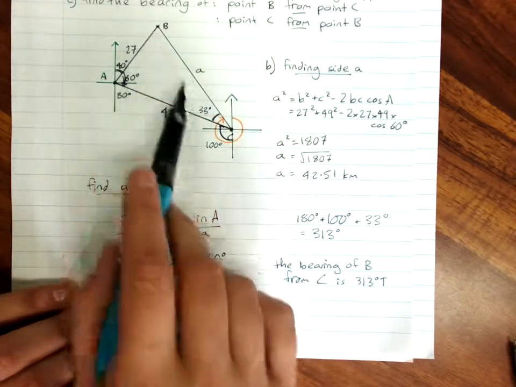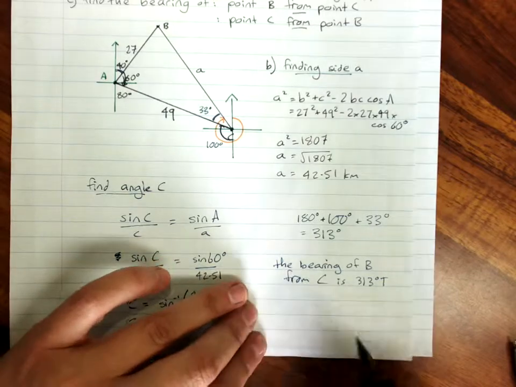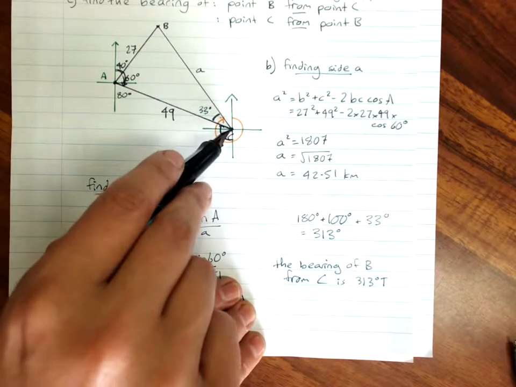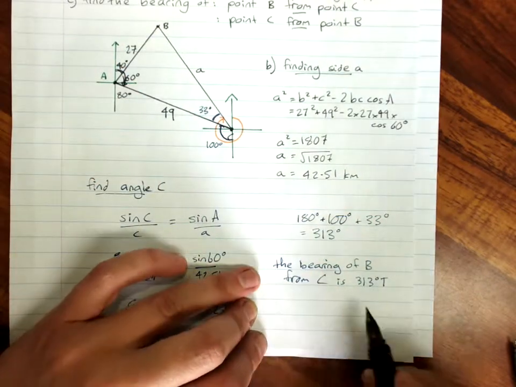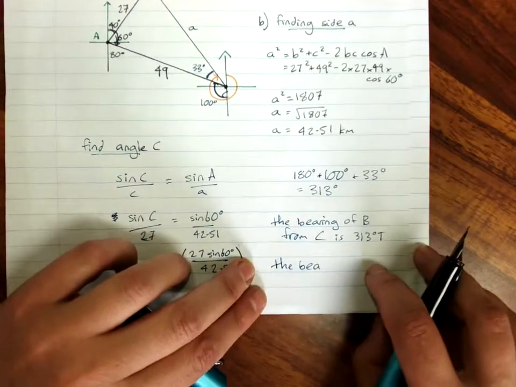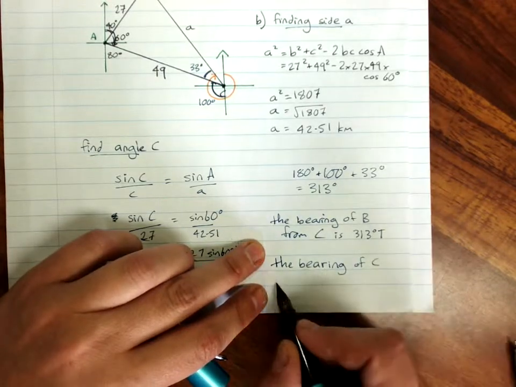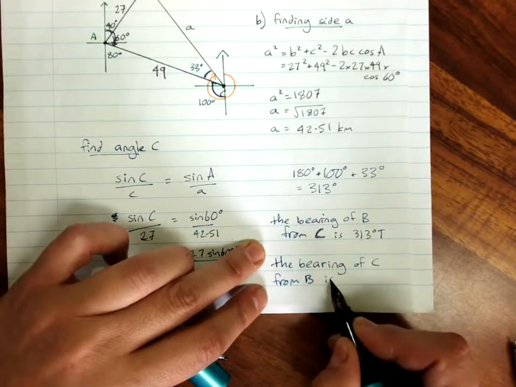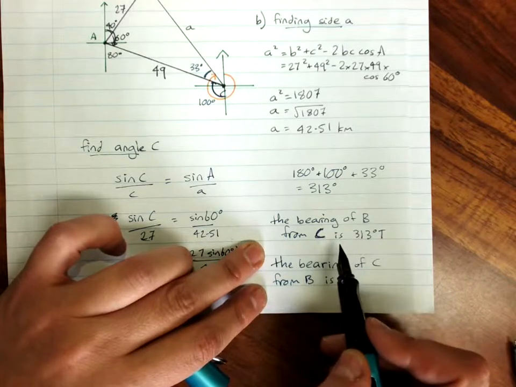Now the bearing back the other way, there's a simple trick. You add or subtract 180 to reverse where you're going. So I was going from C to B. If I want to go from B to C, the bearing of C from B is basically, if this is less than 180, you add 180.